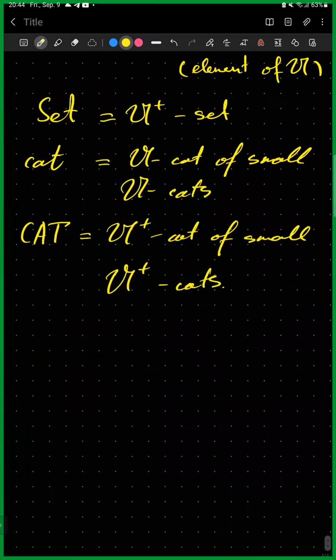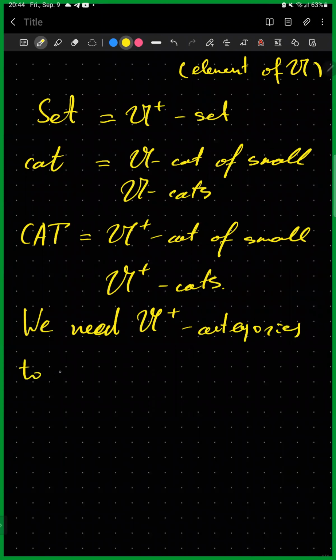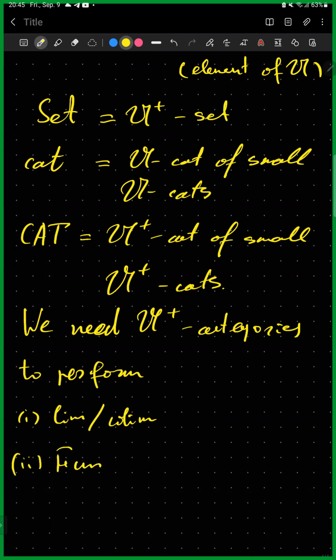Let me just sum this up. We need U plus categories to perform limits and colimits, take functor categories, and finally perform localization.